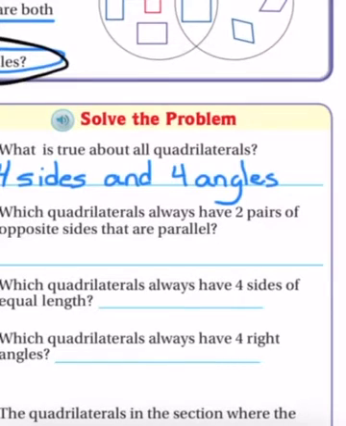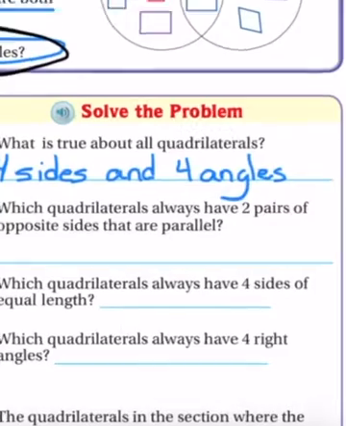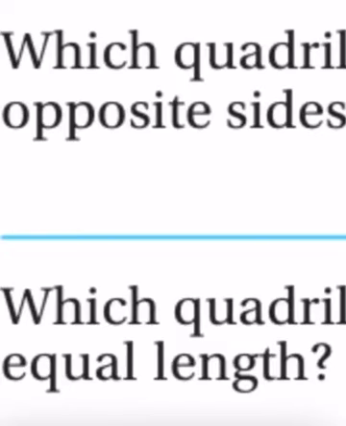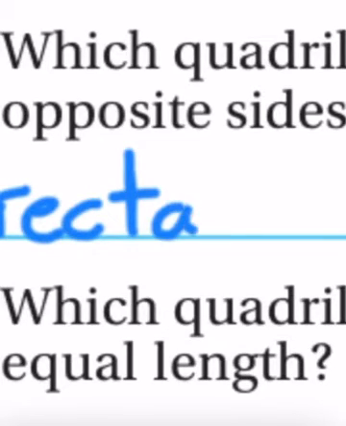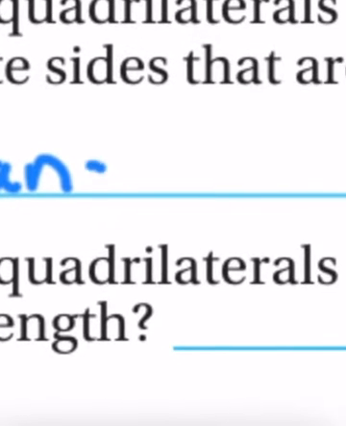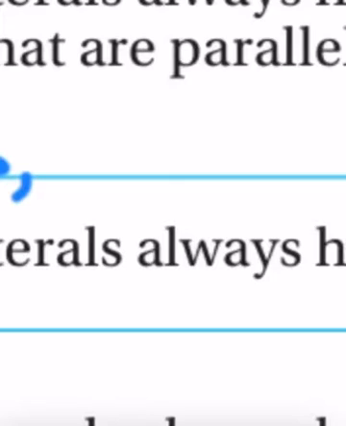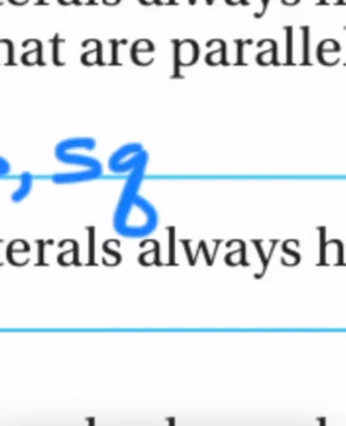And we have three types of quadrilaterals that meet this criteria. So the two pairs of opposite sides that are parallel. We have rectangles, we also have squares, and there's one more.